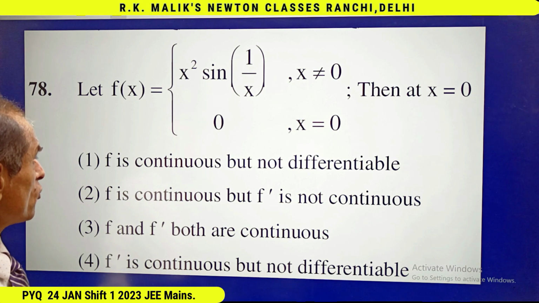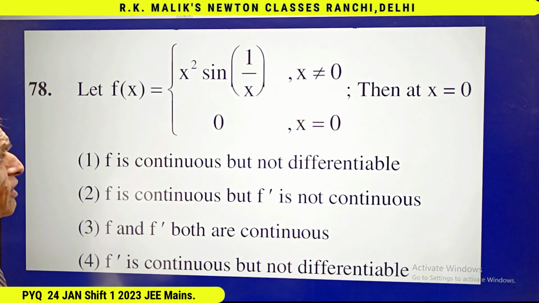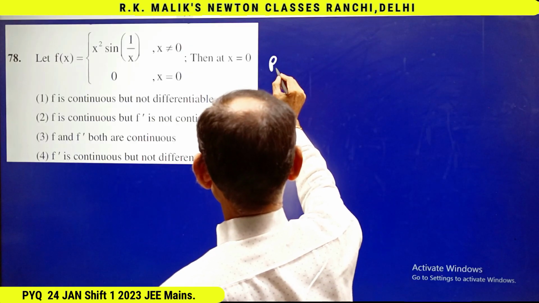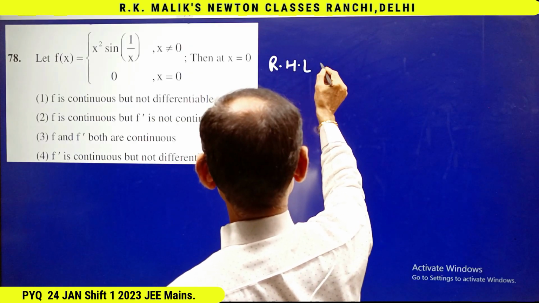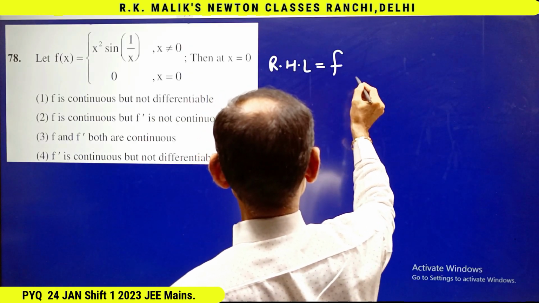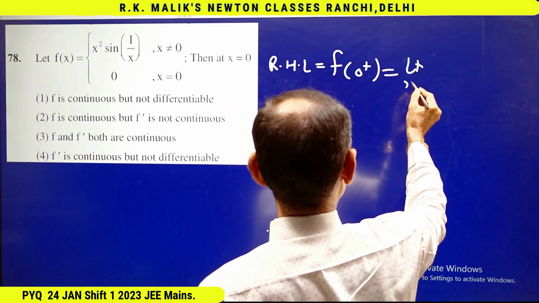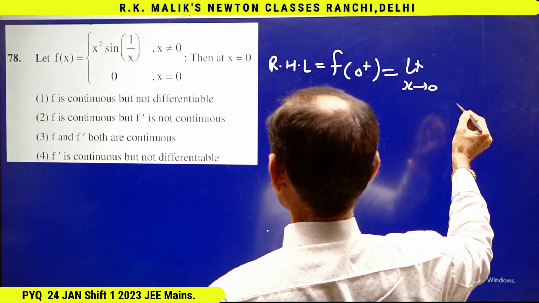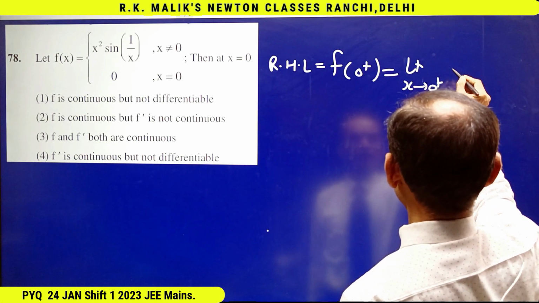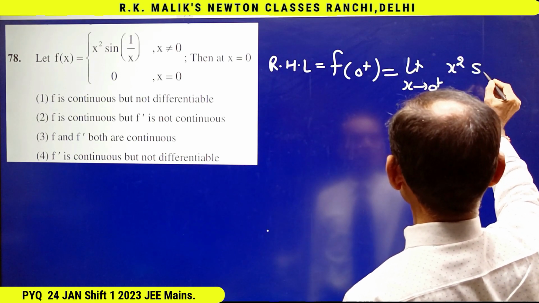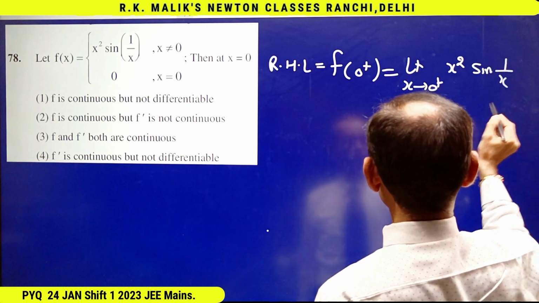And to check the continuity of f(x) at x equal to 0, we'll be finding the left hand limit, right hand limit, and the value of the function at x equal to 0. Clearly, the right hand limit, that is f(0+), is limit x tends to 0 plus of x square sine 1 by x.